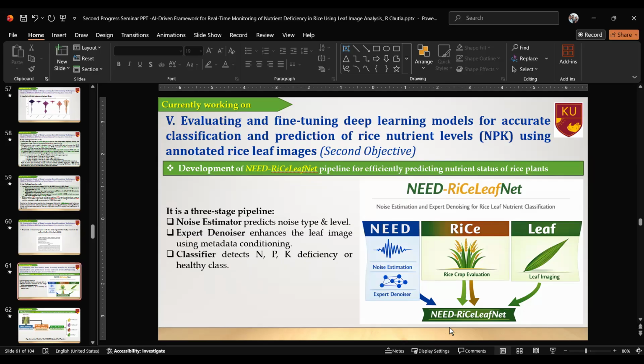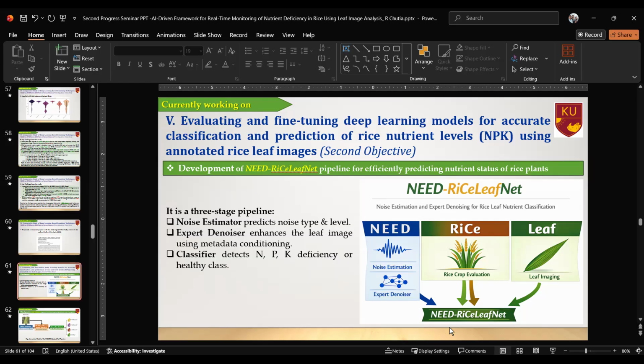So here we have designed a pipeline and named it NEAT RiceLeafNet. NEAT means Noise Estimator and Expert Denoiser, and since we are using leaf imaging, it is a deep learning network, so we are naming it NEAT RiceLeafNet.